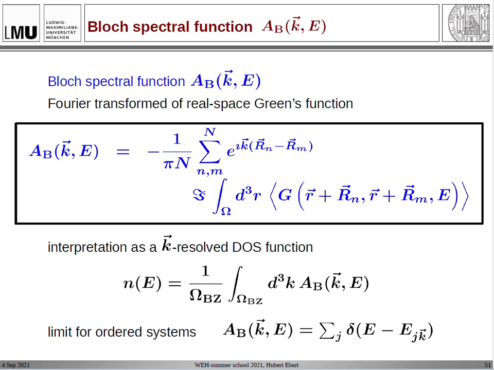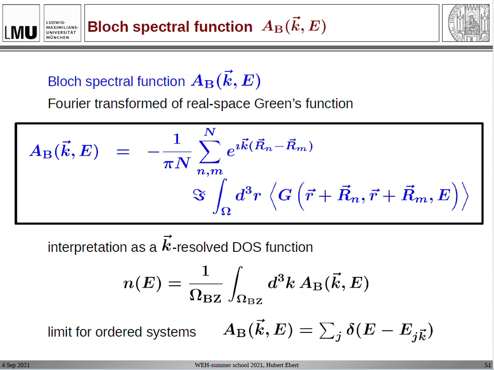And this is a periodic medium, and that means our spectral function depends only on K. And if one looks at the definition, one can immediately see that this Bloch spectral function is something like a K-resolved density of states function. In other words, if I integrate over all states in the Brillouin zone, I get the density of states.